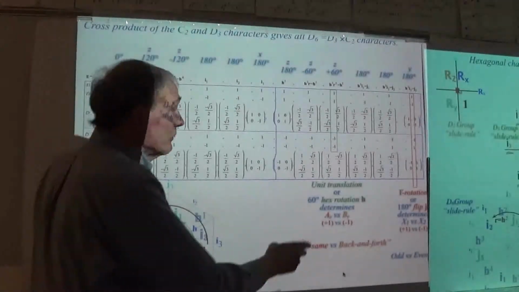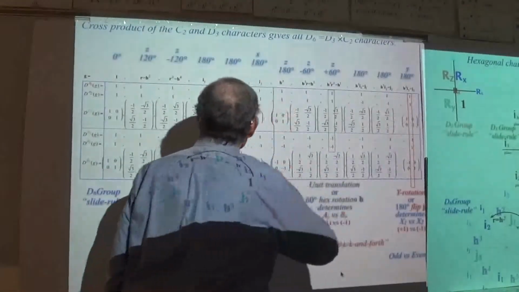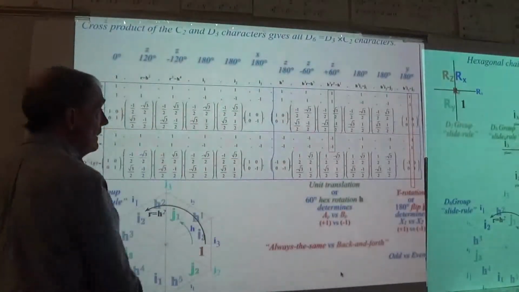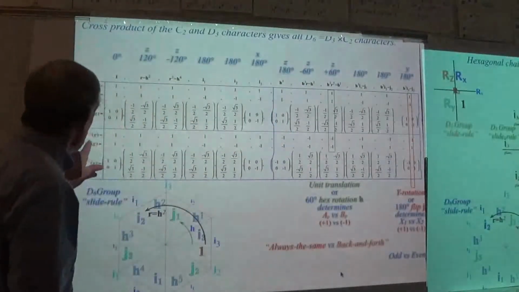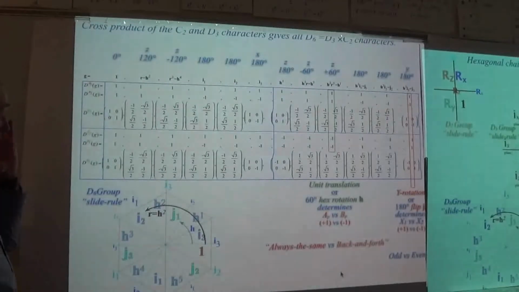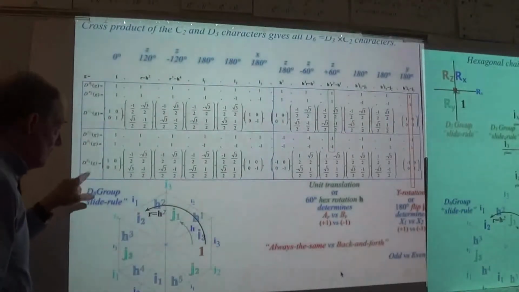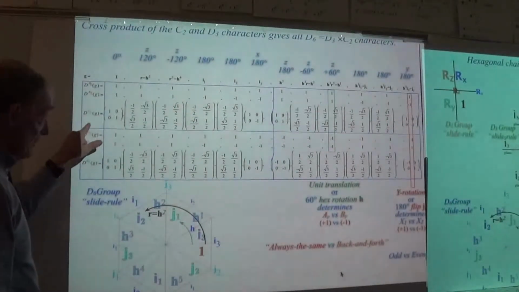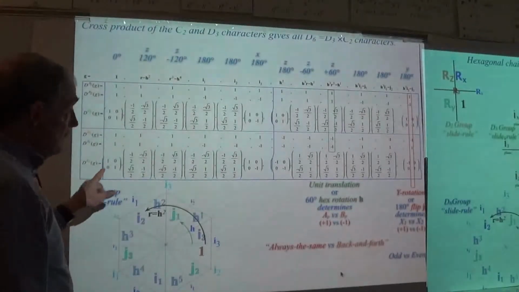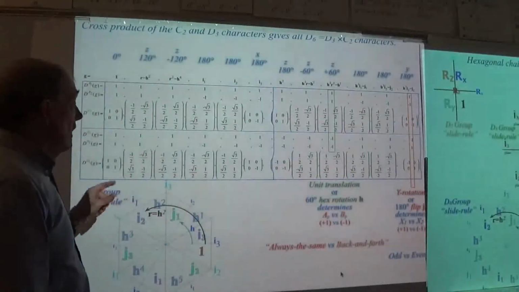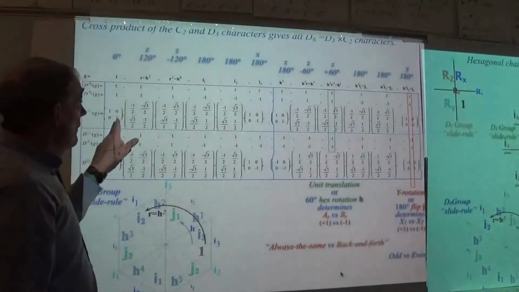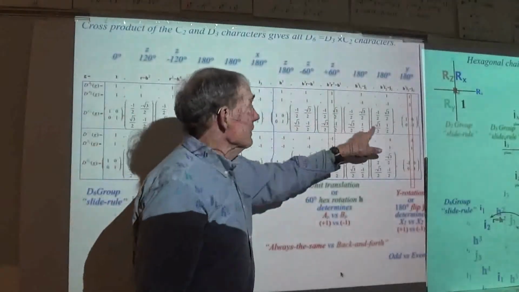That includes these guys that are 1 and -1 for A1 and A2, or the other way around, -1 and 1 for B2 and B1. The E's: this is a vector, that's a tensor. This vector goes negative to these numbers on the right-hand side. These are identical numbers to these.